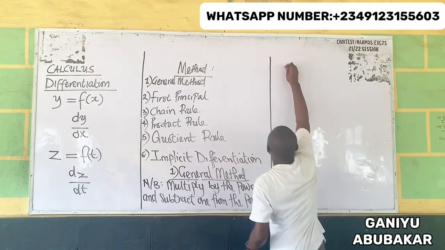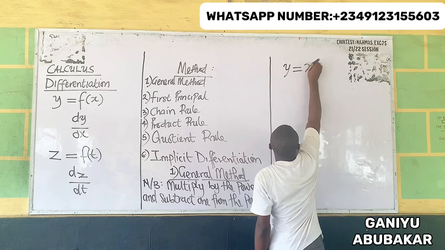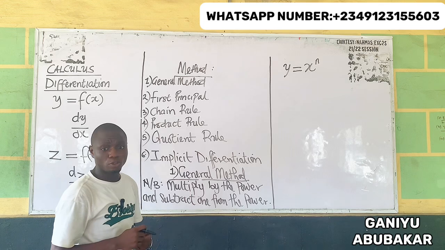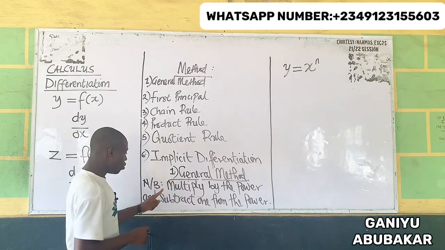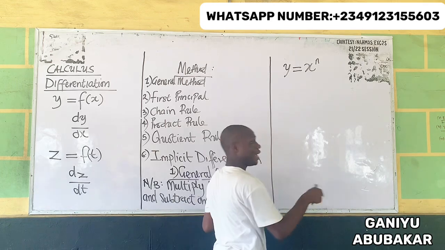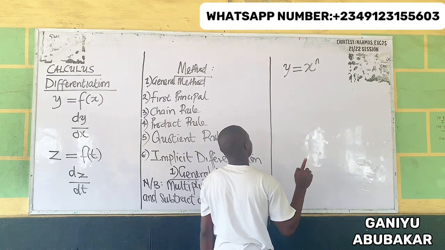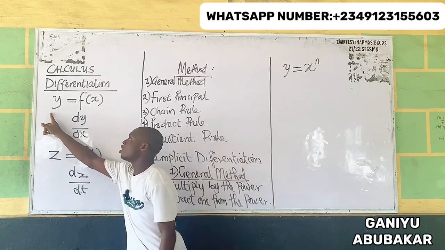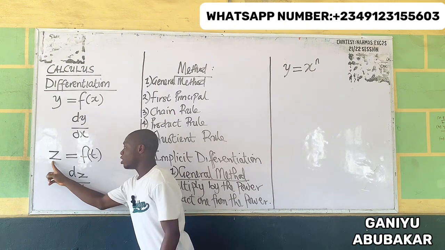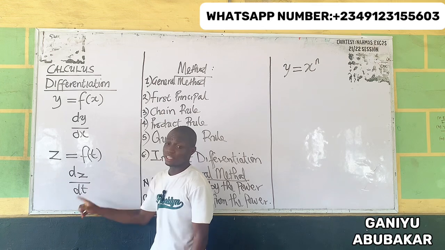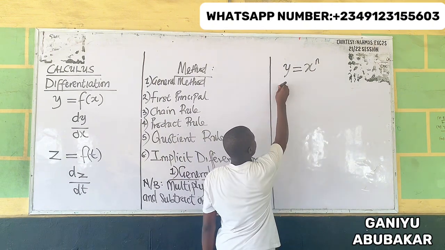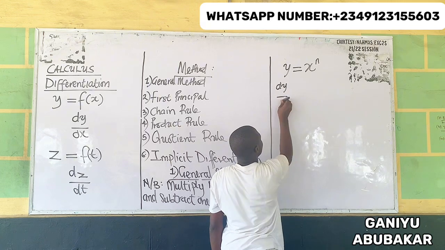Let's say I have y equal to x to the power n. I want to differentiate this using the general method. What's the rule? We said multiply by the power. What's the power there? n. So now listen: if I have y equal to x, I have dy over dx. If I have z equal to t, I have dz over dt. So here I have dy over dx.